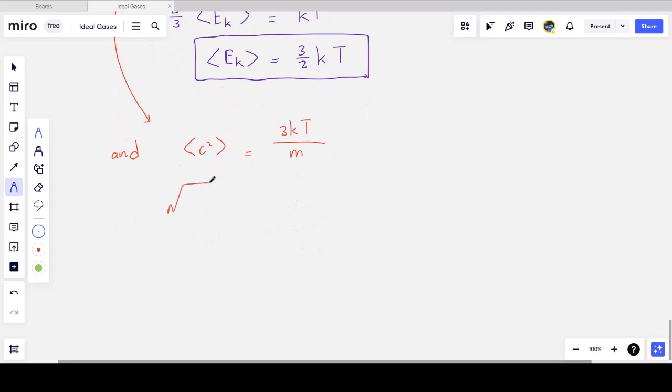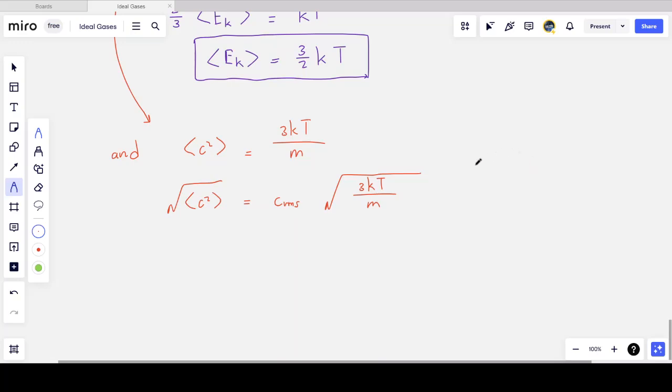Because if I take the square root of this, just bear with me for now, I get what we know as the RMS speed. The RMS speed means I just need to square root the right-hand side of this equation, which is the square root of 3kT over m. And this is called the root mean square speed of molecules.